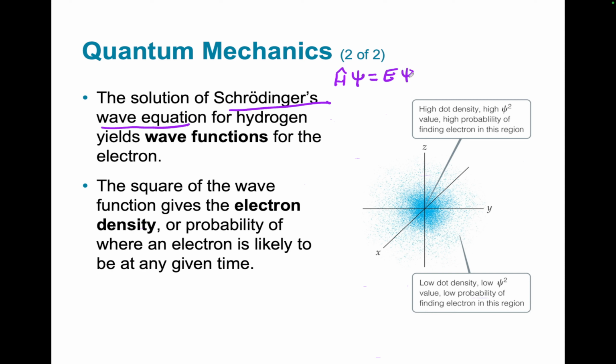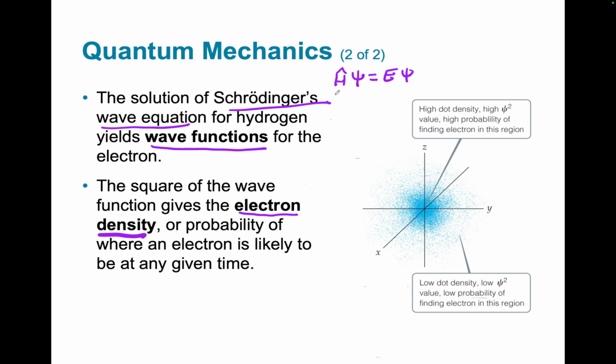So that's the Schrodinger equation, right? It looks very simple, but it's actually very complicated once you try to start solving for it. When you solve for it, what you get is a wave function, right? And the wave function tells you where the most probable location for an electron is. So again, here at the first energy level, we have this electron cloud, and where it's most dense is where the electron most probably will be, right?